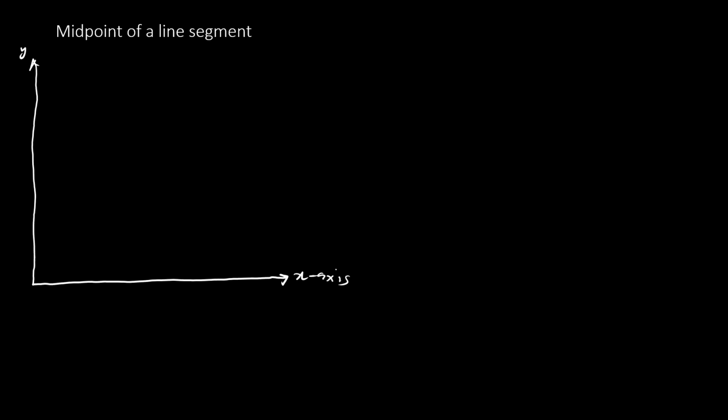So given a point P and point Q, this is point P, going straight to point Q, and we have the midpoint of this line to be point R. So imaginarily, we take the coordinates of point P to be x1, y1.